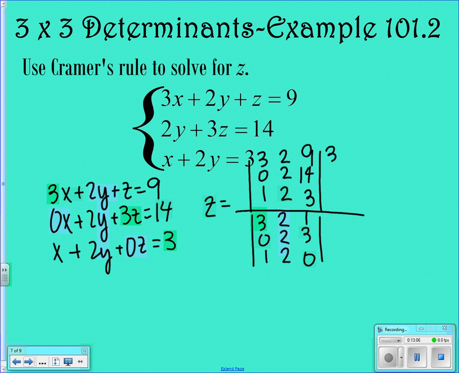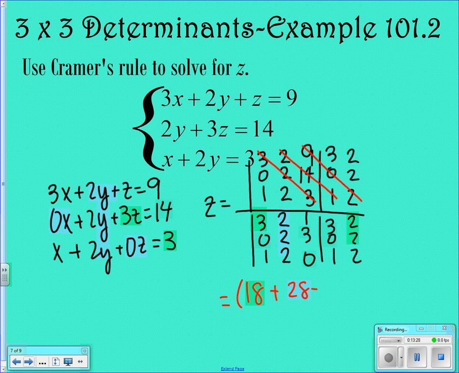So I duplicate the first two columns, and now we're going to use the exact same method that we did on the previous one. Multiply these three to get 18 plus 28 plus 0, and then minus 18. 28 times 3 would give you 84, and then 0.